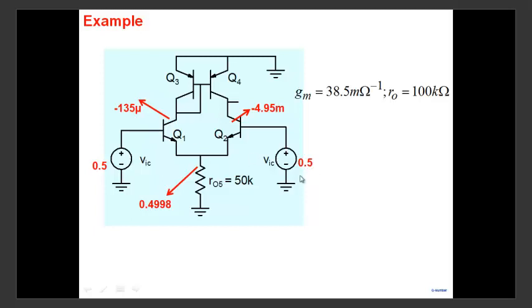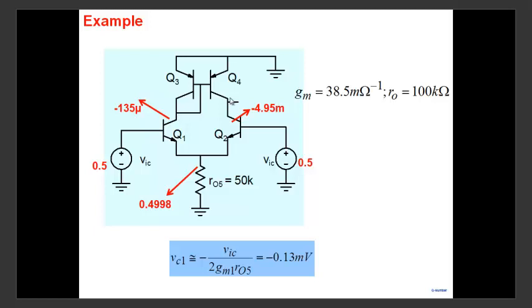So when you apply 0.5 and 0.5, you get minus 135 micro here, and at this node, sorry, this should be up, you get minus 4.95 milli. Now note at this point our formula gives VIC by 2 GM and all that, we derived this, it gives minus 0.13 milli. So this node voltage we are able to get very accurately. Our calculation at this point is fine.